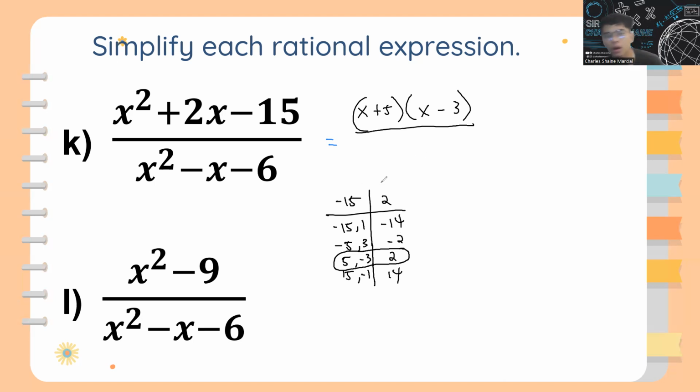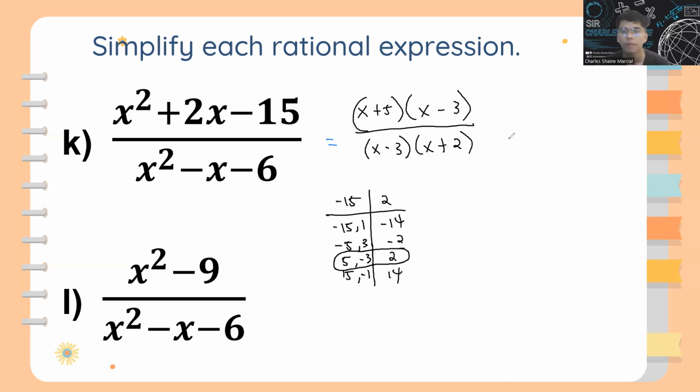And for the value of x squared minus x minus 6, nasagutan natin to kanina. That is x minus 3 times x plus 2.